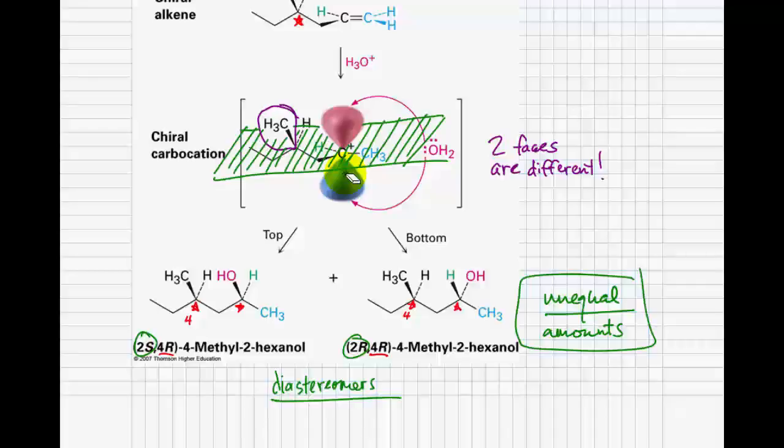Be able to predict chirality of products of reactions. Achiral reactants will make a racemic mixture, and I'll be indicating that quite a bit from here on out. If one of the reactants is chiral, you'll get an unequal mixture of two diastereomers. So that's it for us here.